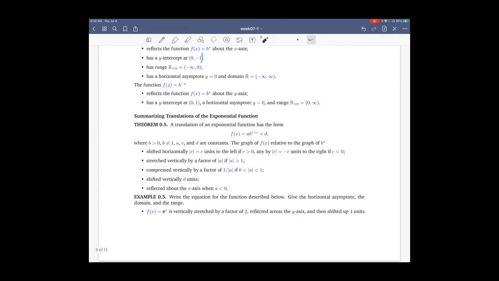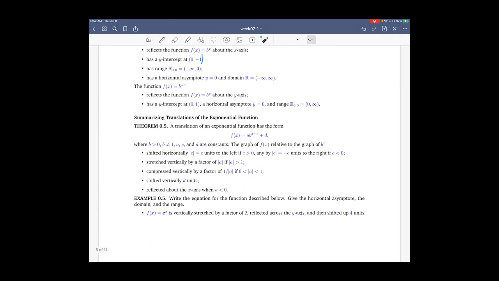And the last theorem here summarizes all of these transformations. Suppose we have a function of the form a times b to the power x plus c plus d. Here the base b, as always, is positive, different from 1. And a, c, and d are constants.